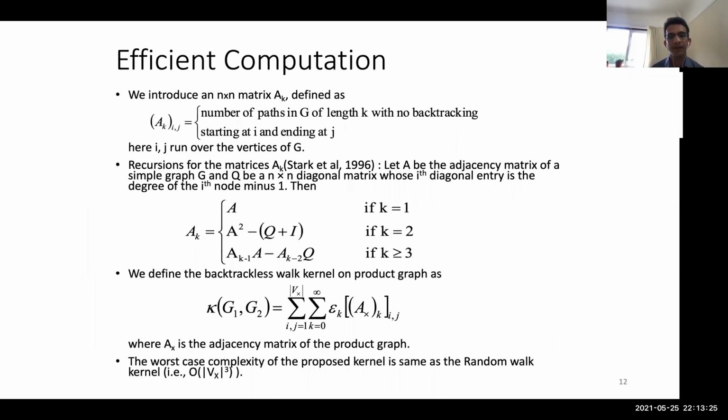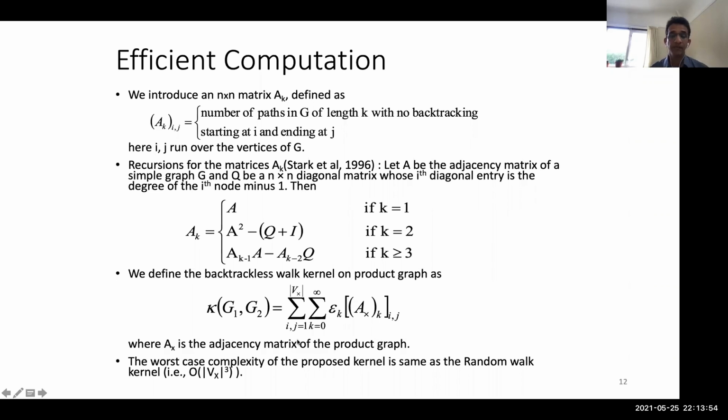So we developed a method that computes the backtrackless walk kernel directly from the adjacency matrix of the original graph instead of performing any transformations. This is done in pretty much a similar way as the random walk kernel is computed.